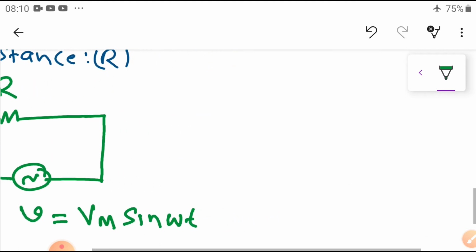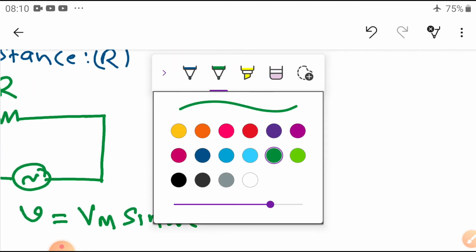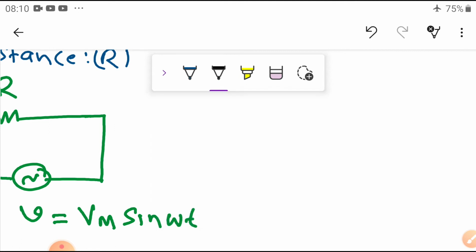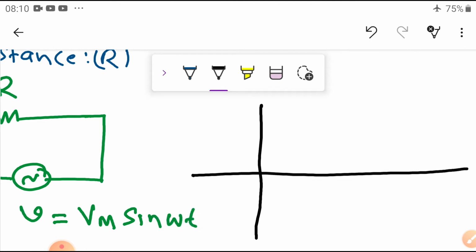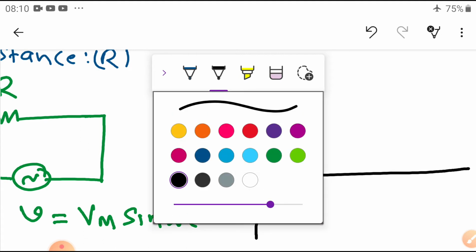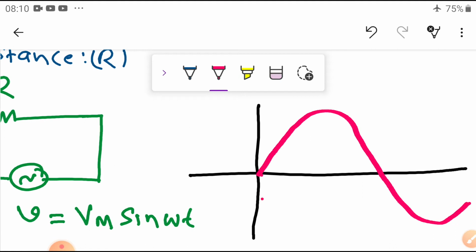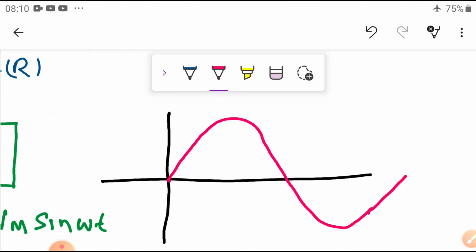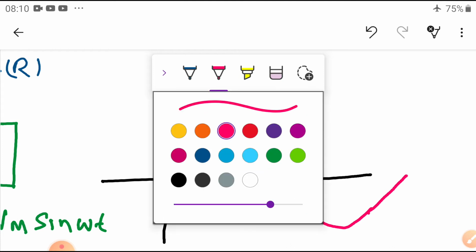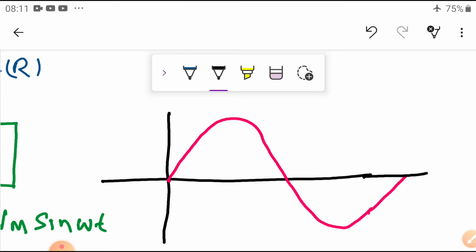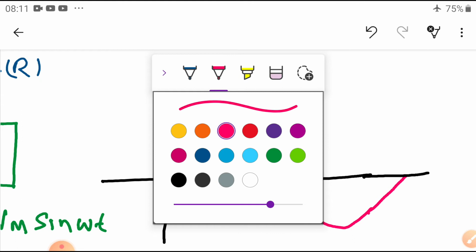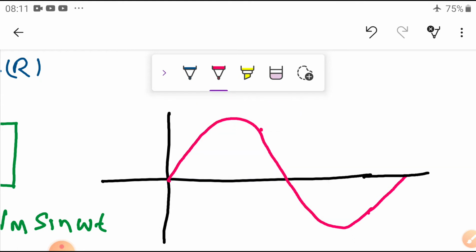If you draw the vector diagram, for example, if we take the father, what will happen in this case? The son is the V, son.